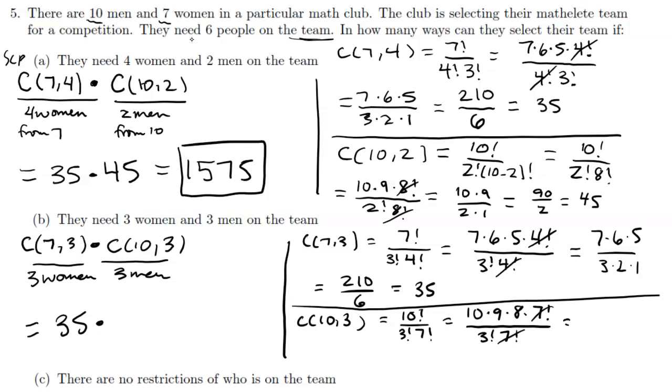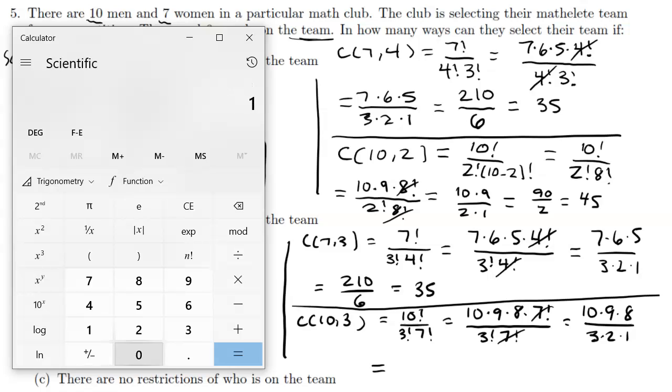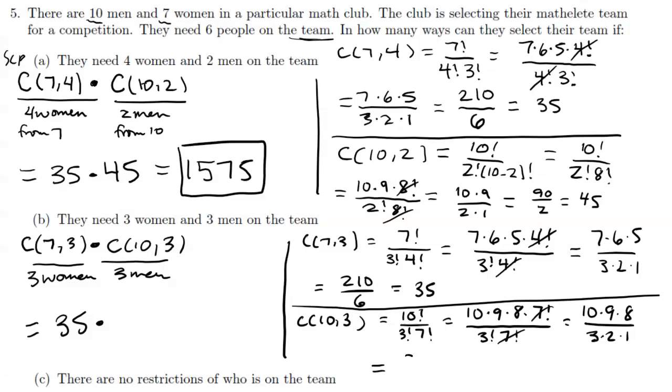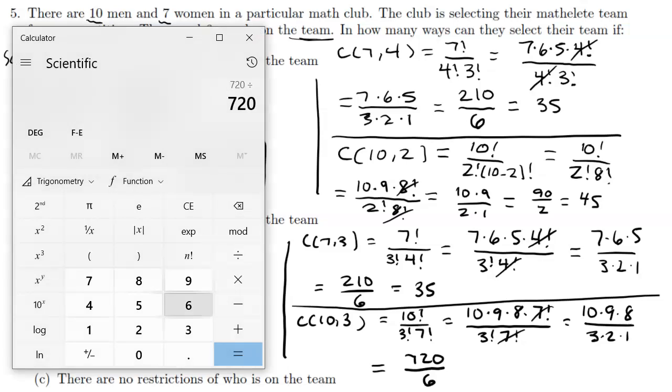Cancel those 7 factorials. We're left with 10 times 9 times 8 over 3 factorial, which is 3 times 2 times 1. So we can do 10 times 9 times 8 is 720. 3 times 2 times 1 is 6. So 720 divided by 6 is 120.